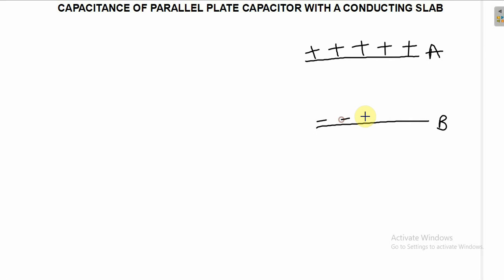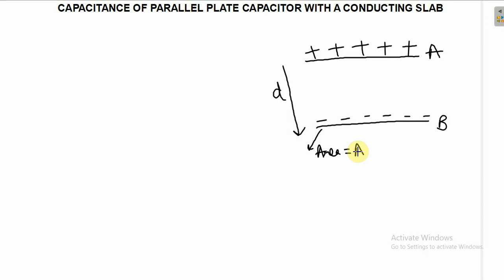Because of this positive and negative charge, a field is developed between the plates of the capacitor, and the distance between the two plates is D, and the area of the capacitor plate is A.